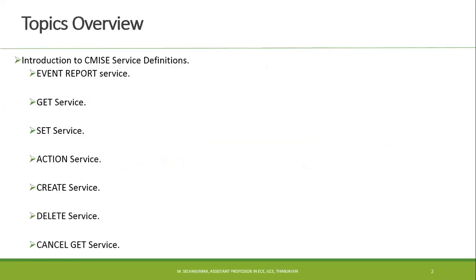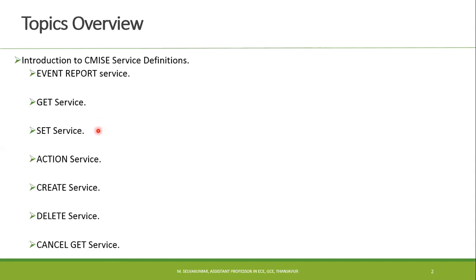The topics covered in this subject are the introduction to CMISE management, event report services, get services, set services, action services, create services, delete services, and cancel get services. The report service gets the reports of the managed objects of the remote systems, and the get service gets the service of the respective managed objects of the remote system.